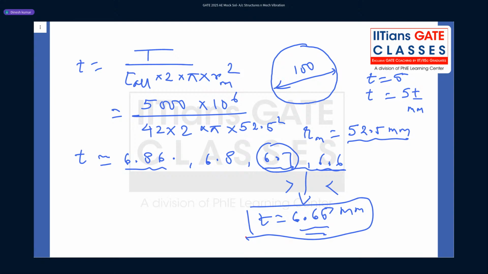Since it's an approximation, instead of 6.86, better we can start with 6.8. Then when we substitute 6.8, your left hand side will be greater than right hand side. For 6.7 also, your left hand side is greater than right hand side.